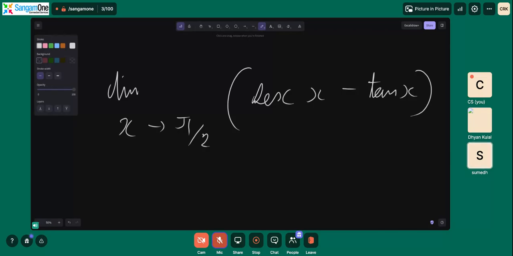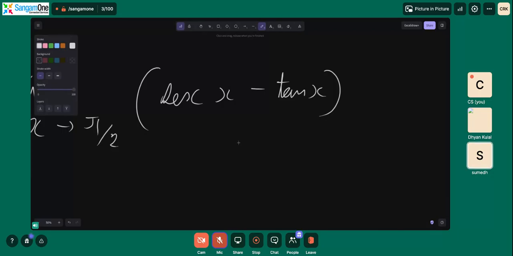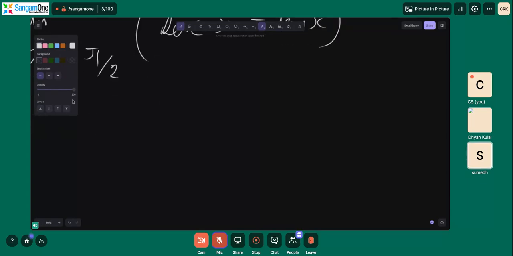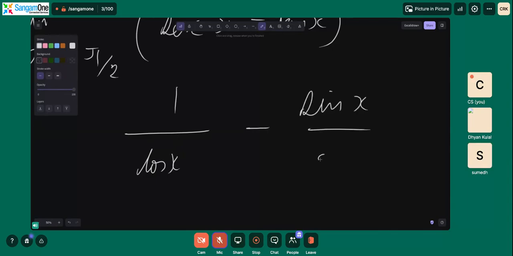So basically, let me solve this. What happens if I apply pi by 2 here directly? Secant pi by 2 minus tan pi by 2 would lead to, what would it lead to? Not defined. So in order to solve this, let us simplify first. 1 by cos x minus sin x by cos x.